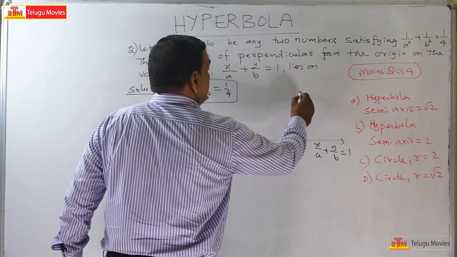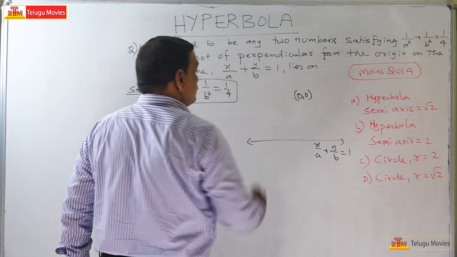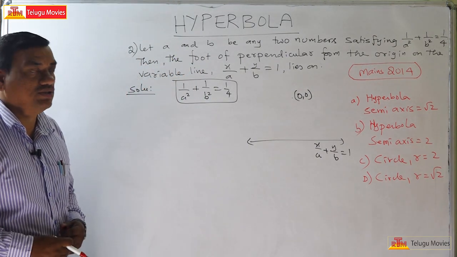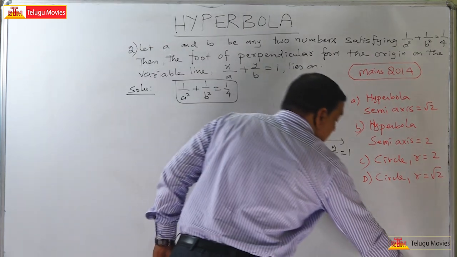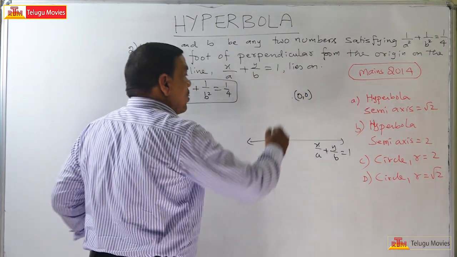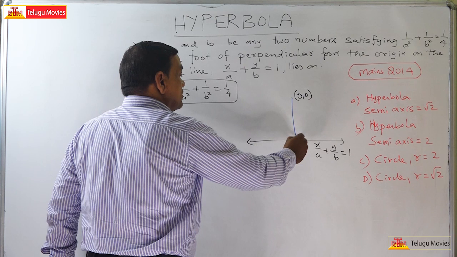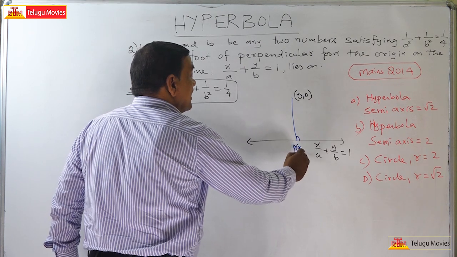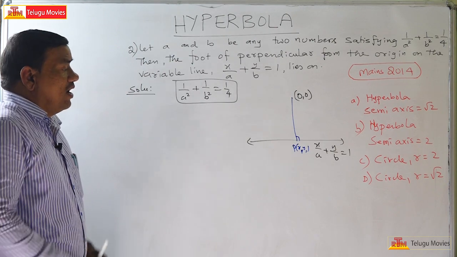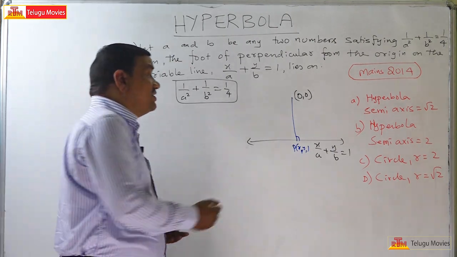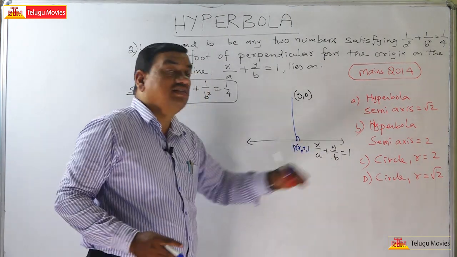Then the origin is 0 comma 0. From the origin we have drawn the foot of the perpendicular. So this is P, x1 comma y1, the foot of the perpendicular. Again the foot of the perpendicular will change, because this line is a variable line.